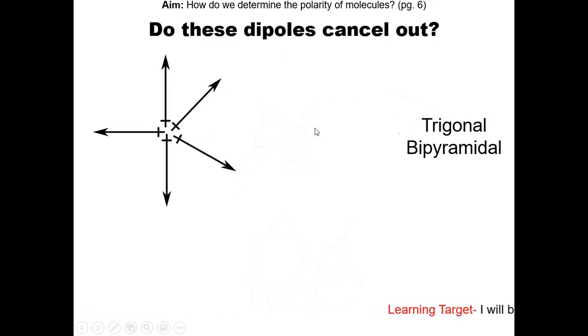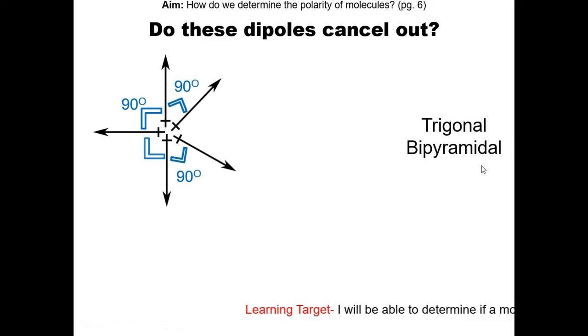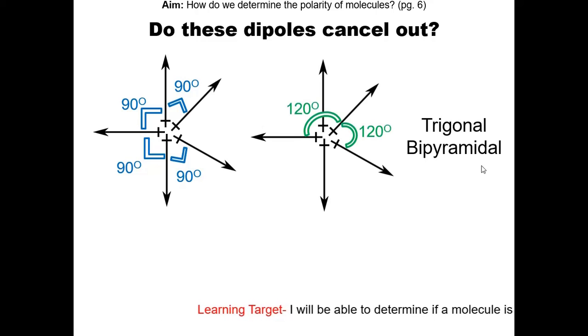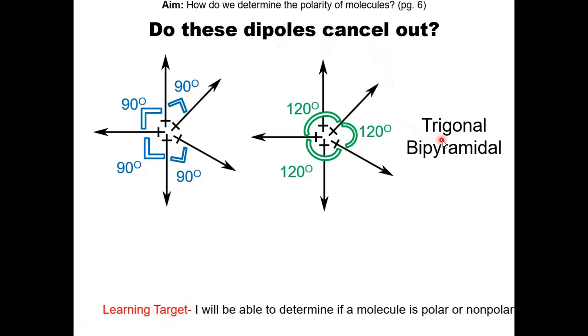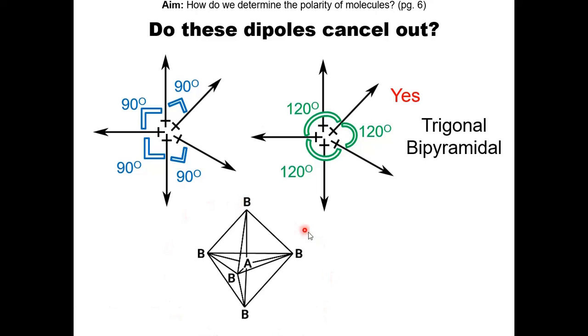In this situation, we have a trigonal bipyramidal shape. There's two angles, 90 degrees and 120 degrees. So do the dipoles cancel out for trigonal bipyramidal? The answer is yes. Here's a 3D picture of trigonal bipyramidal. There's two pyramids, one on top, one on bottom.